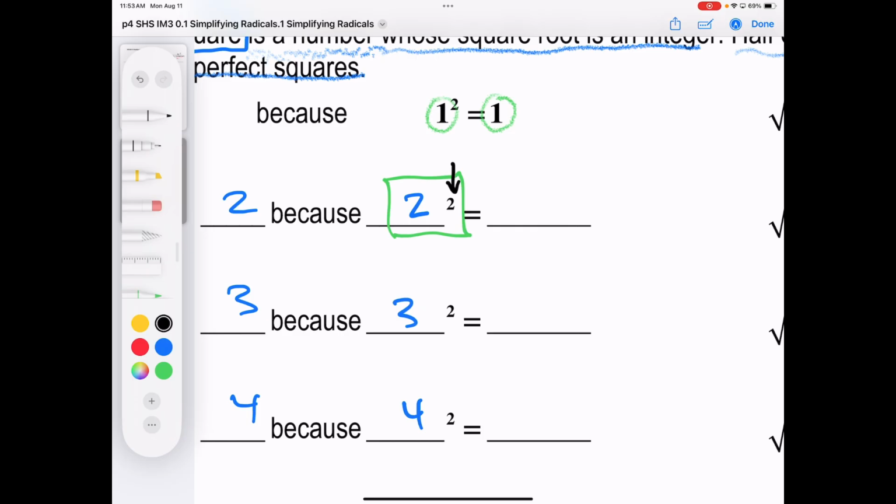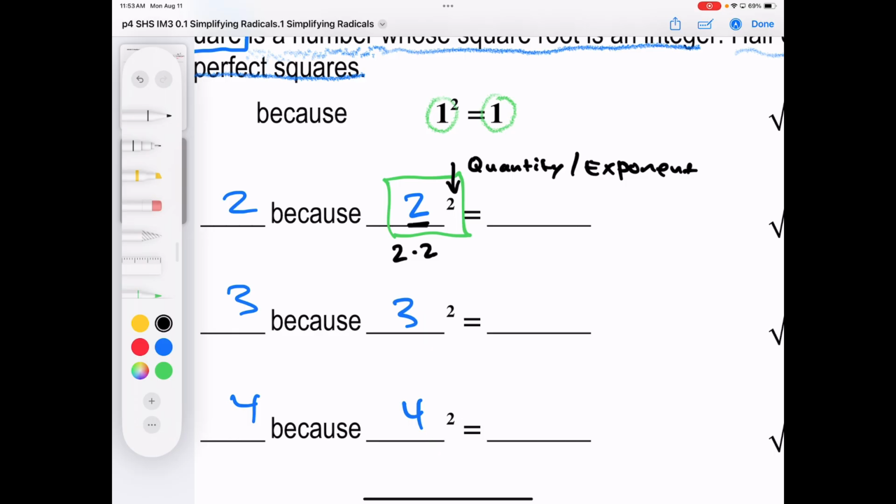Does it say Air Force One, Air Force One? No, it says quantity. So an exponent is a quantity of how many. Does that make sense? So that means this number 2, the base, is written how many times? 2 times by multiplication. So 2 squared is 2 times 2.